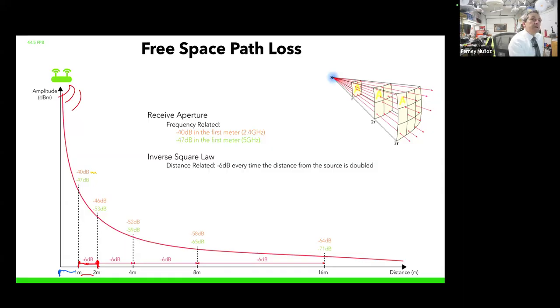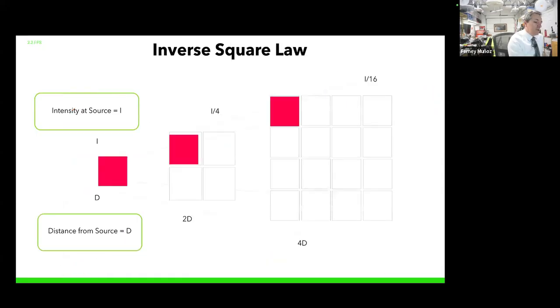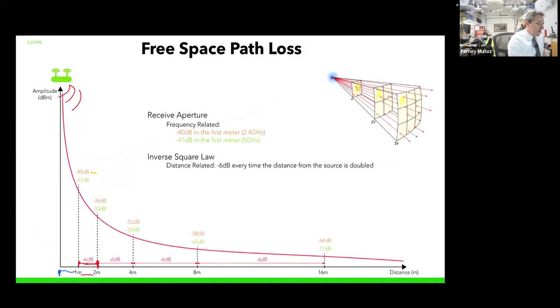And doing this formula, double the distance, quarter the power, it says that at 2 meters, I should have minus 46 dBm. You lose 6 dB. Double the distance, quarter the power, you lose 6 dB every time you double the distance.